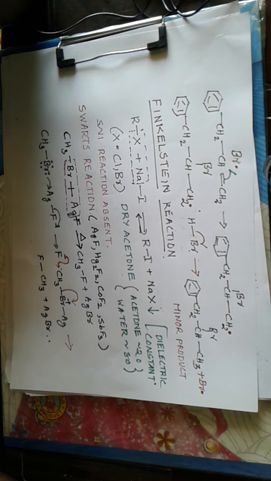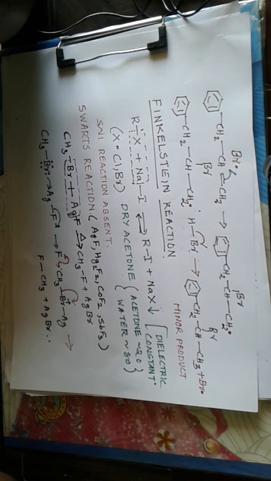Now, dielectric constant is the property of the solvent to hold the ions separately in the medium, to hold the ions from coming into contact. So they resist the combination of oppositely charged ions in the medium.